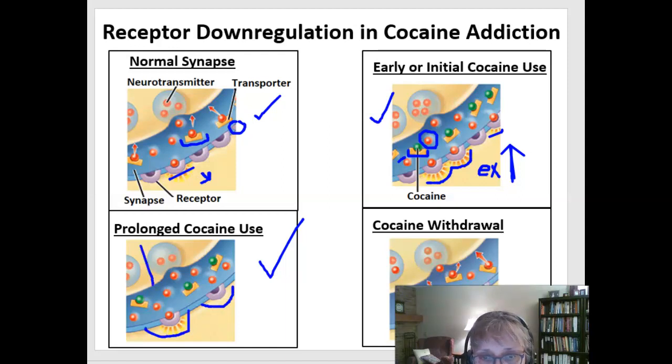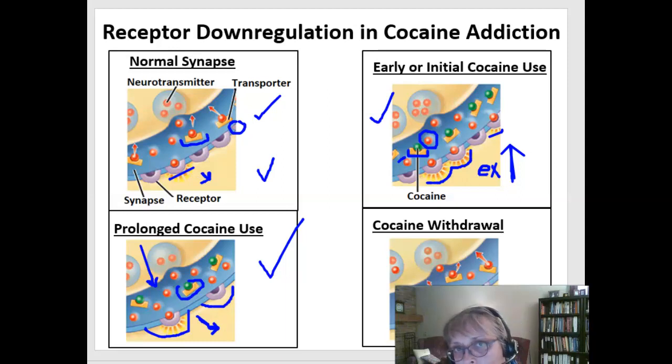Meanwhile, the presynaptic neuron is releasing the same amount of neurotransmitter as all the way through, but there's less of a chance for a response in the postsynaptic cell because the cocaine is there, but less than the second box and more than the first box. So they still feel better than they did prior to ever taking cocaine, but they don't feel as good as they did early on.